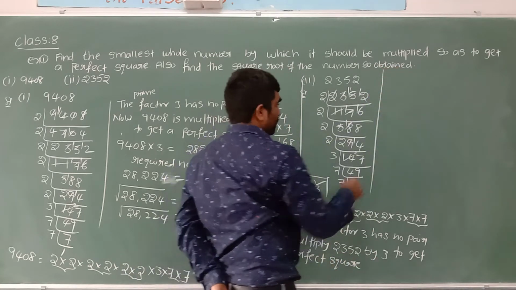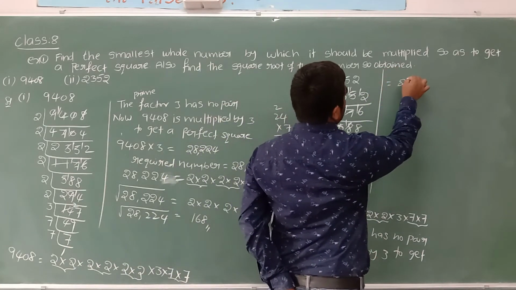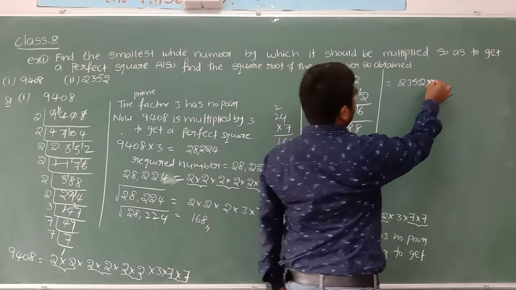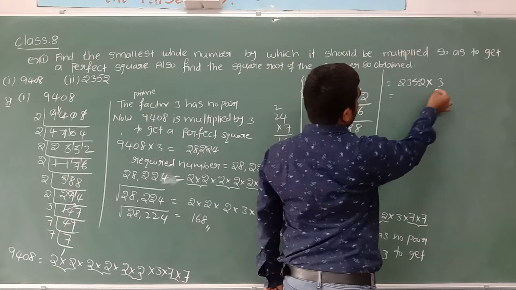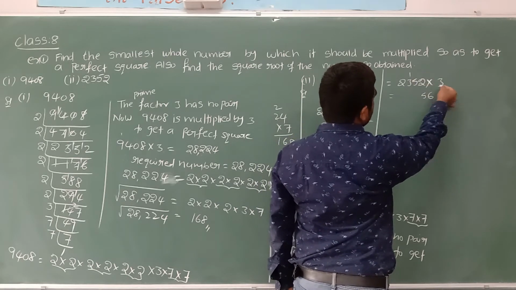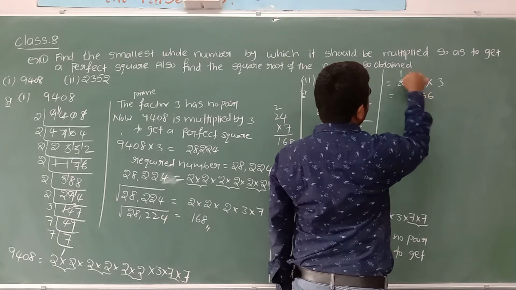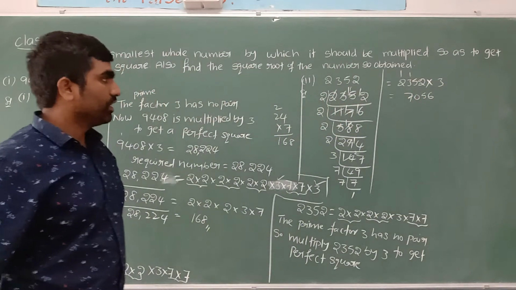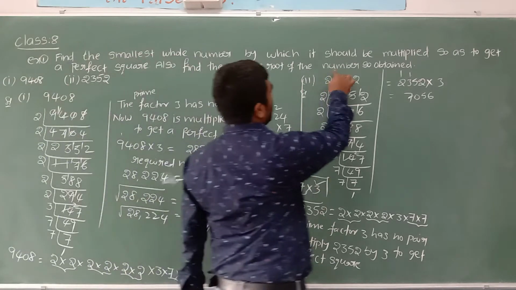Now 2,352 multiplied with 3: 3 twos are 6, 3 fives are 15, 5 and 1 carry, 3 threes are 9 plus 1 is 10, 3 twos are 6 plus 1 is 7. 7056 is the number obtained.